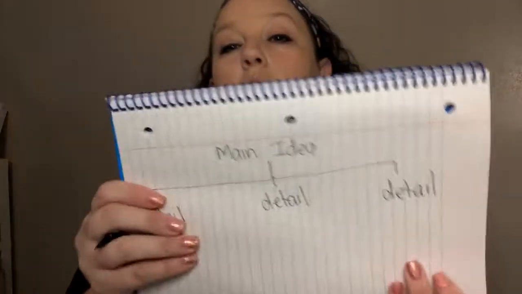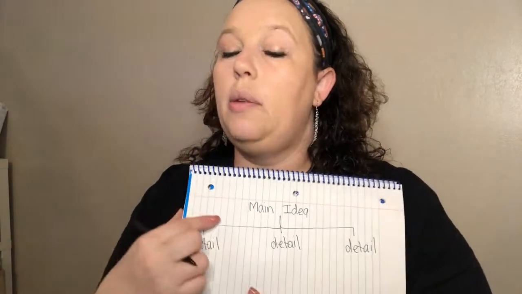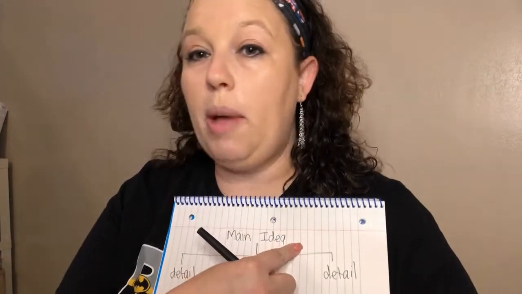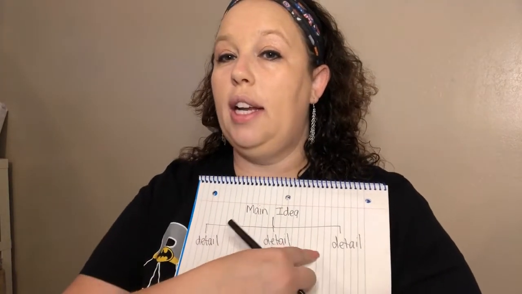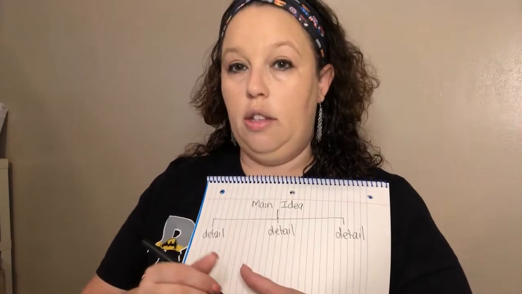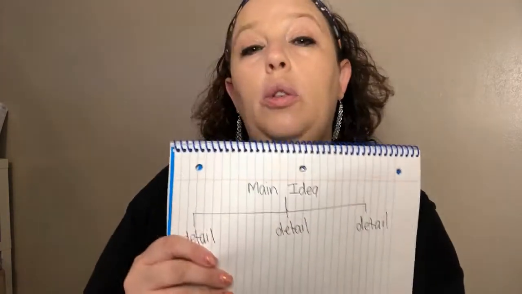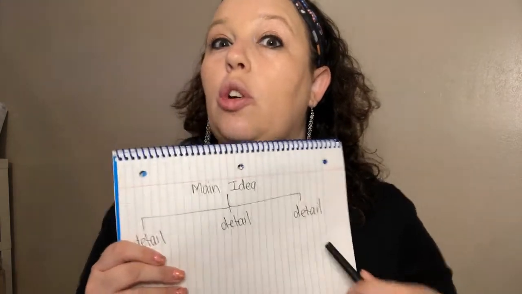So there we go. Decide what the main idea is, what is this mostly about? And then how do the subheadings help support that idea? So that would be really cool if you drew a thinking map, or at least described what your thinking map would look like to somebody. That would be really awesome.